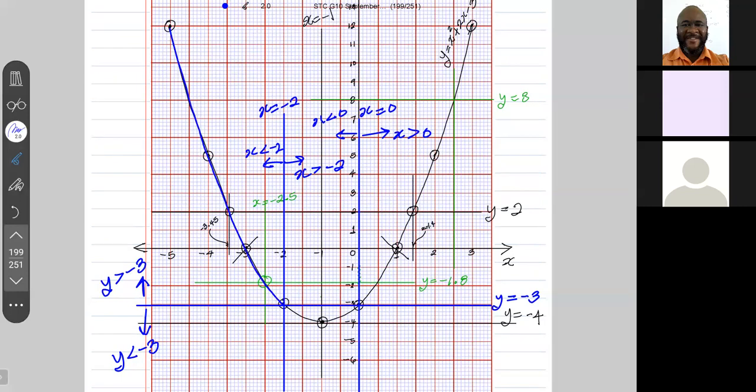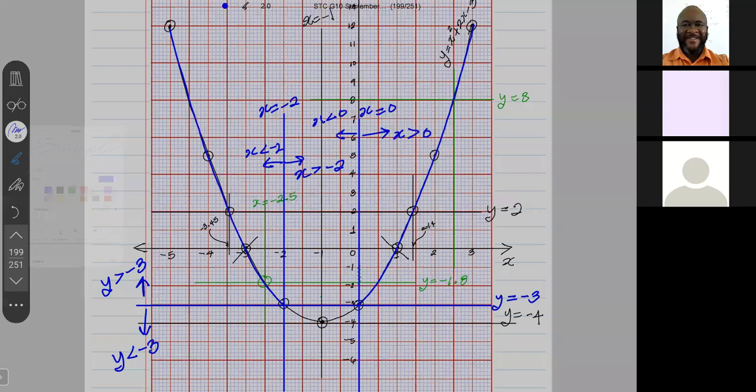Let's make this another piece of my graph. So the blue part of the graph is the part that is above the line y is equal to minus 3. Now, this is the region of the graph where y is greater than minus 3. What I'm interested in is the region of the graph where y is less than minus 3. Change into green.